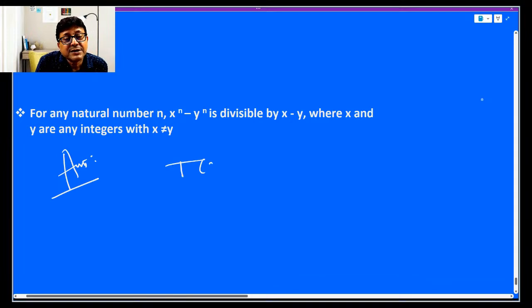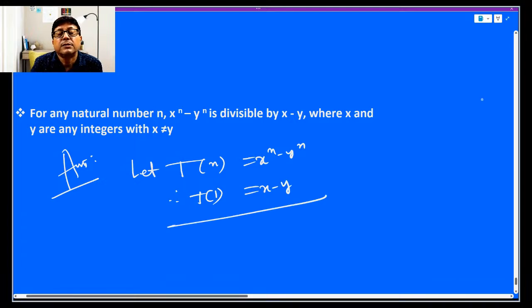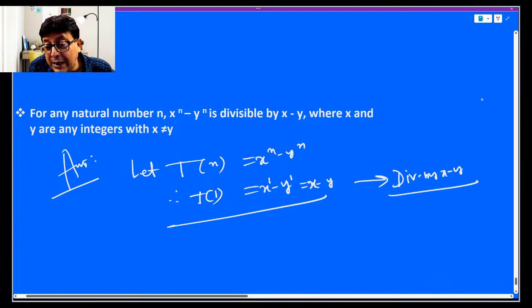You take the same manner. Let Tn equal to x to the power n minus y to the power n. So T1 will be what? x minus y, because x to the power 1 minus y to the power 1. This is what? Divisible by x minus y, isn't it? What will be your inductive step?